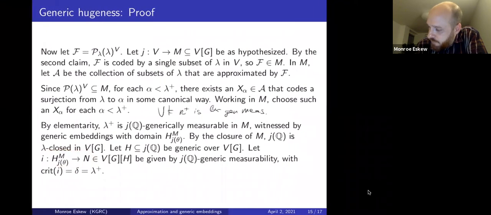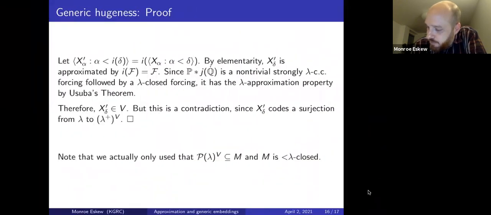Now, here's the thing. The critical point is lambda plus. You have this sequence of X alphas that are coding surjections from lambda to the alphas below lambda plus. It gets stretched out. So point-wise, each of these is unaffected, but it gets longer as a sequence.